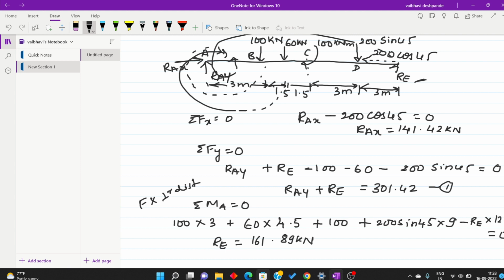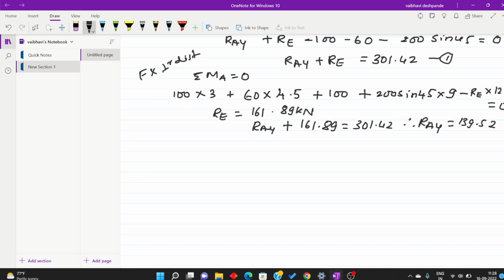Now substituting in equation 1, we get RAY plus 161.89 equal to 301.42. Therefore, RAY equal to 139.52.